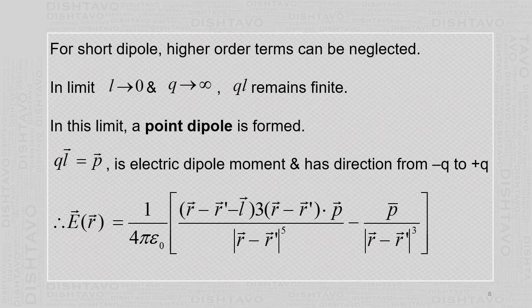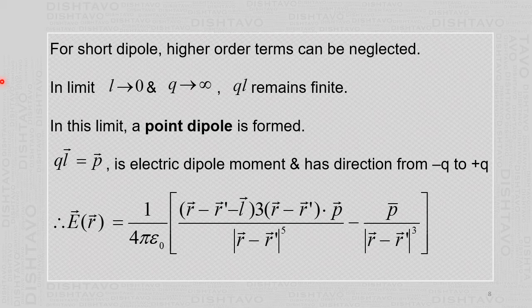I mentioned earlier that an application of the dipole is in the molecule. The molecule is an example of the electric dipole, where there is a center of positive charge and a center of negative charge. But the molecule is very small and these centers lie in the molecule itself, so the distance between these two centers is very small. So a molecular dipole is a short dipole.